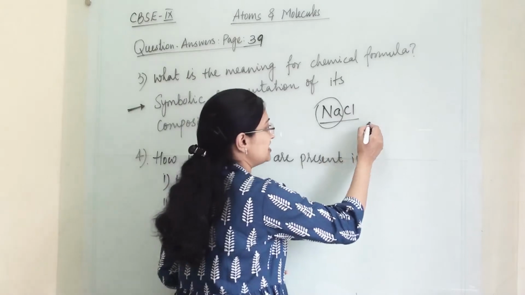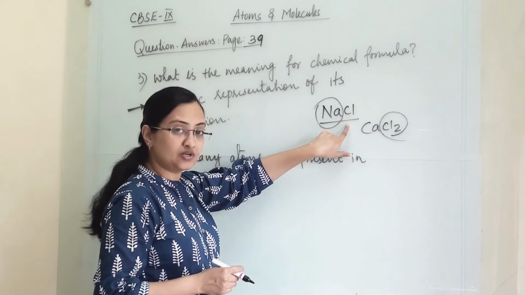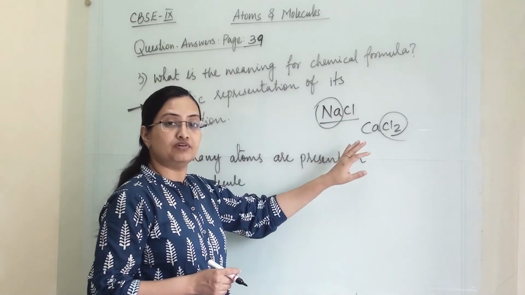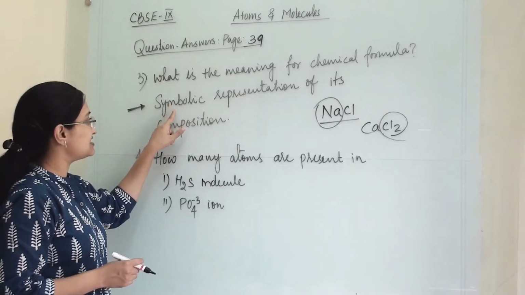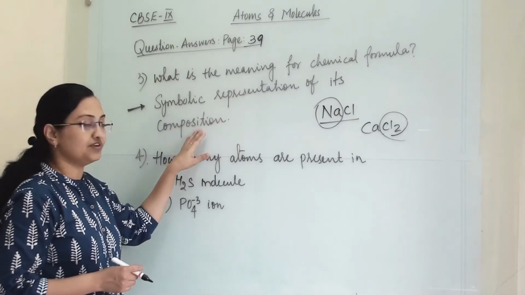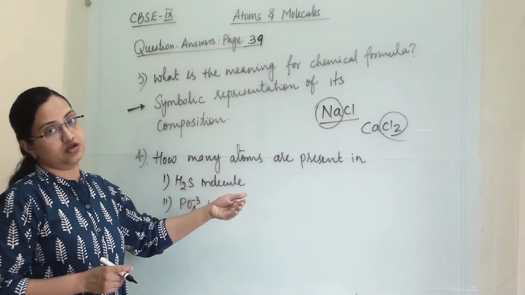For example, in CaCl2, 2 chlorine atoms are there, and in another formula 1 chlorine atom is there. So we will know the composition as well. So what is a chemical formula? It is a symbolic representation of a compound's composition.